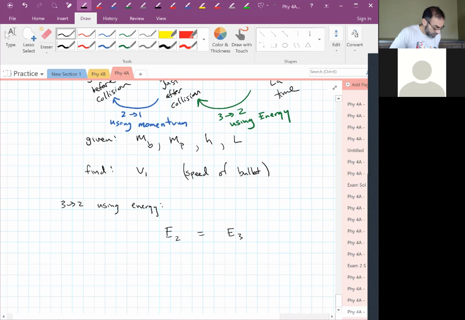At 2, what do we have? We have kinetic energy. And at 3, we have gravitational potential energy. And that's it. Nothing's moving at 3 at the end. It's all gravitational energy. And at 2, it's moving, but it's at its lowest point, so it's all kinetic energy.